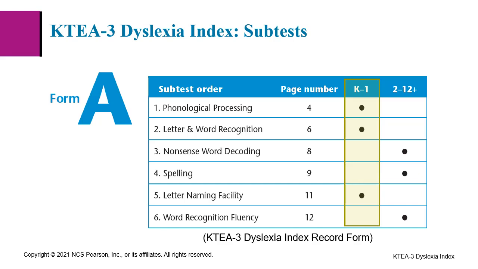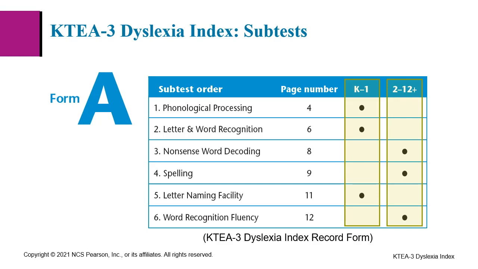The KTEA-3 Dyslexia Index for grades 2 and higher includes the nonsense word decoding, spelling, and word recognition fluency subtests, which are designed to measure phonic decoding, spelling, and word reading fluency skills.